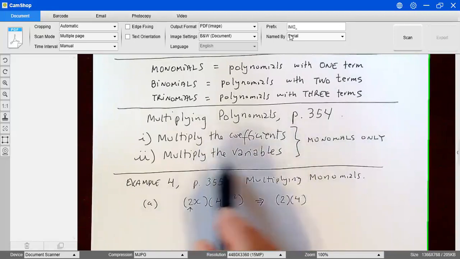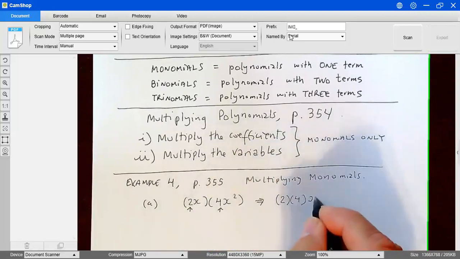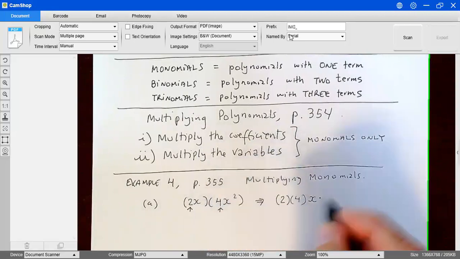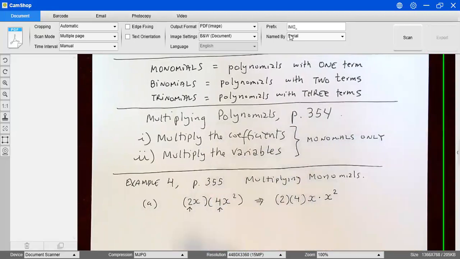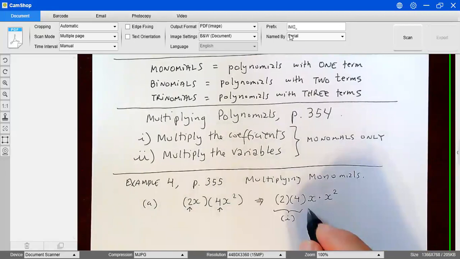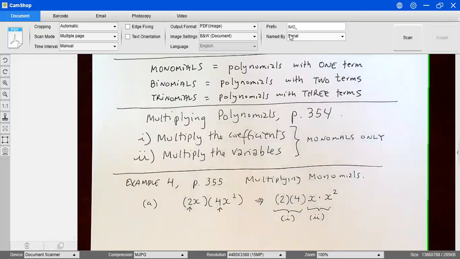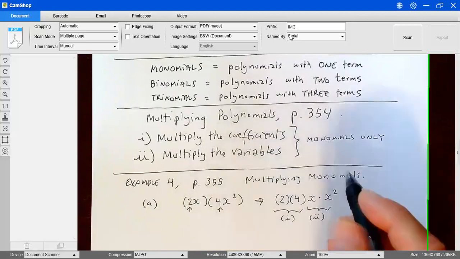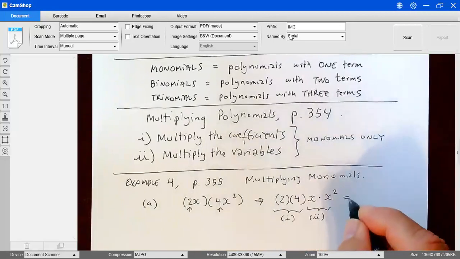And then I'm going to multiply the variables. So in the first case, I have x. Then in the second case, I have x squared. So this is the first part. We are multiplying coefficients. And this is the second part. We are multiplying the variables. Then we proceed using the rules that we learned before for exponents. So in the case of coefficients, it's just a simple multiplication. 2 times 4 is going to be 8.